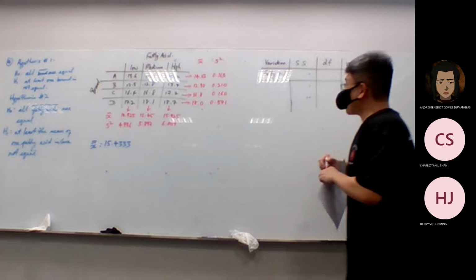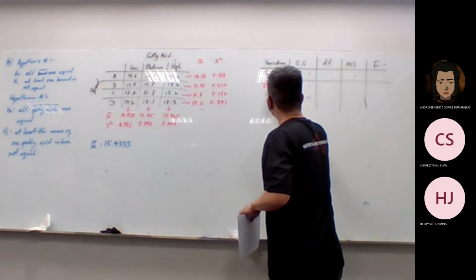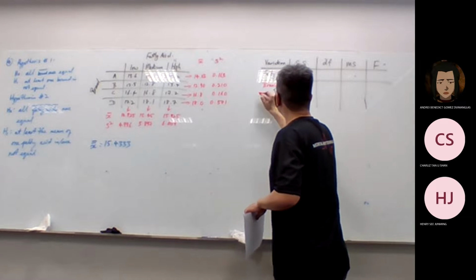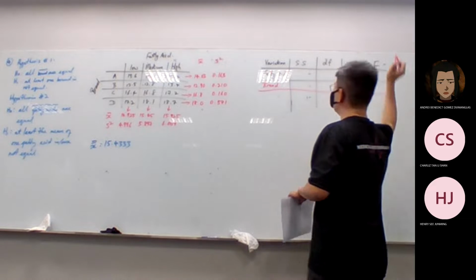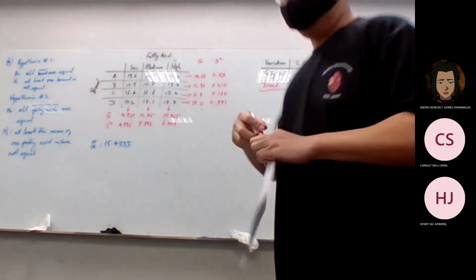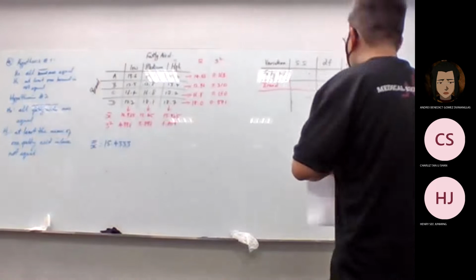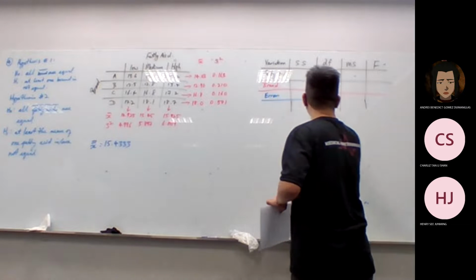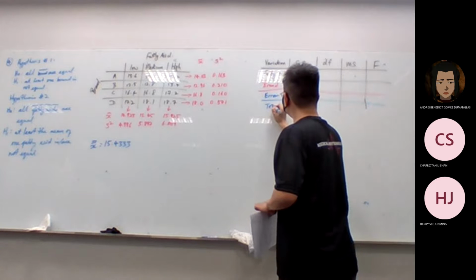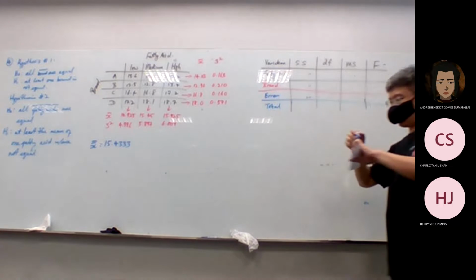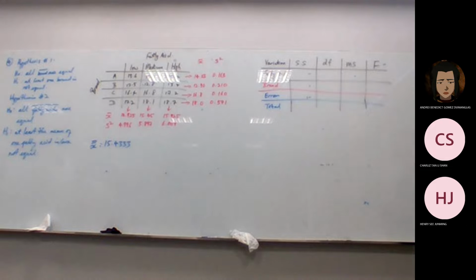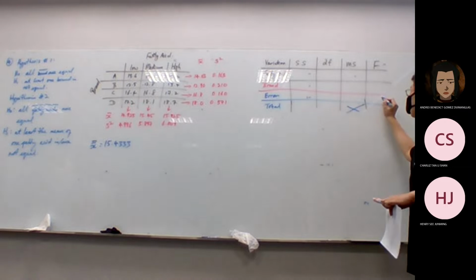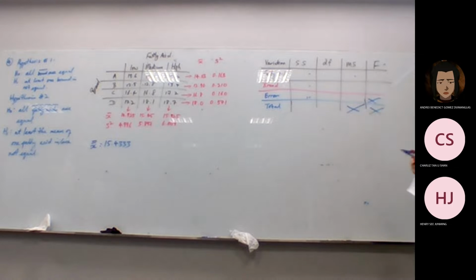So then the second factor is actually the brand. Then you have error and total. Similarly, the three items that you don't have to calculate will be these three.